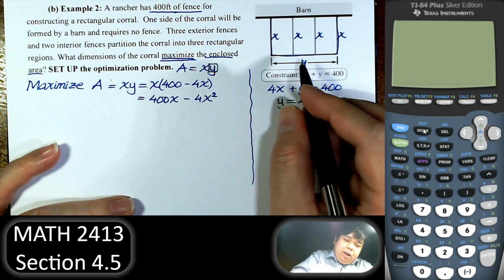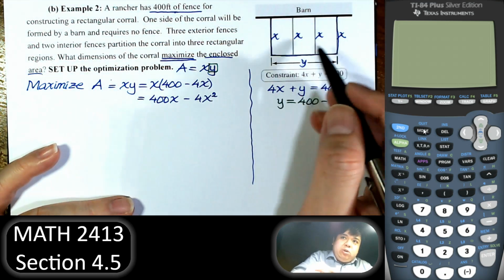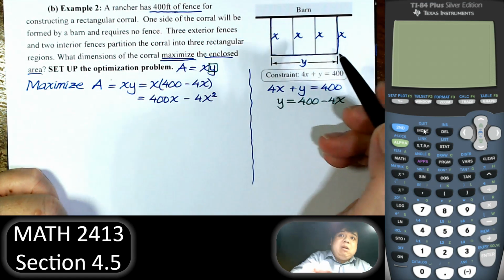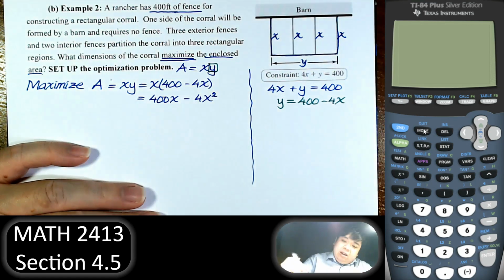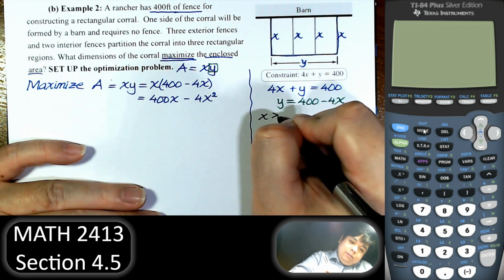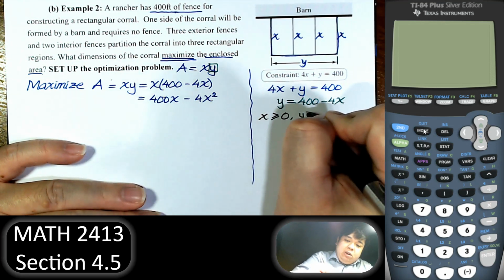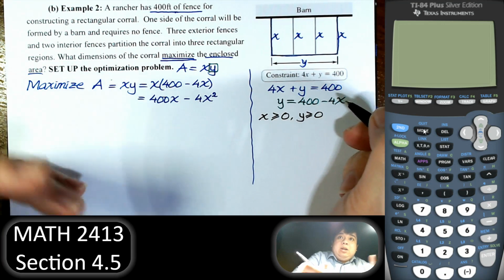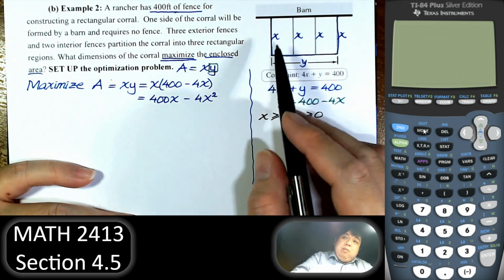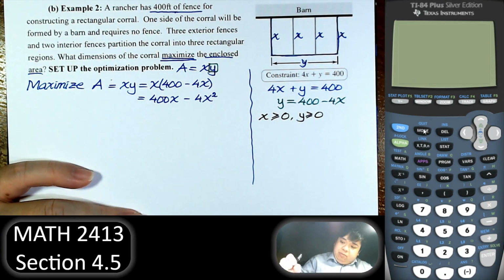Since this is a geometric shape, none of the measurements can be negative. So x and y have to be greater than or equal to 0 as well, because the measurement cannot be negative.